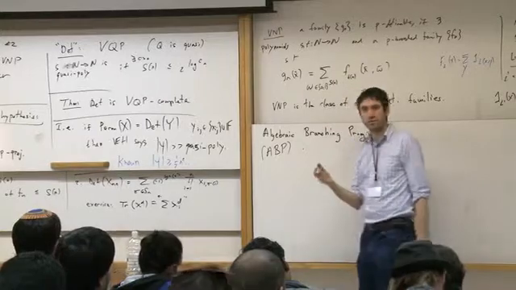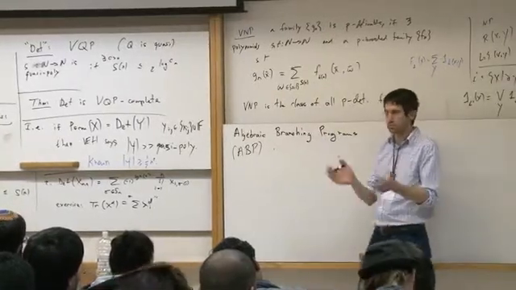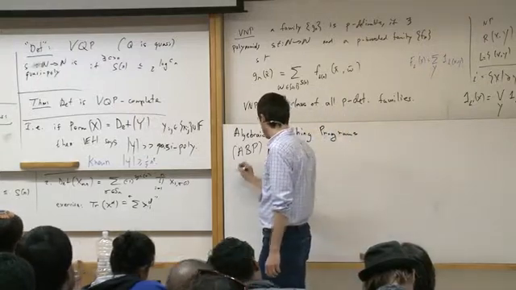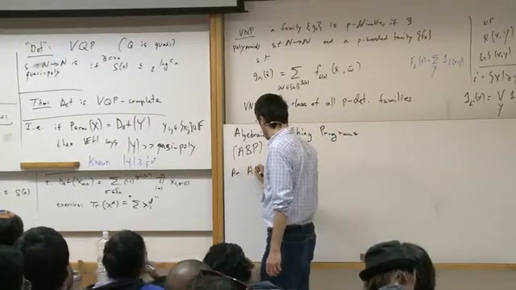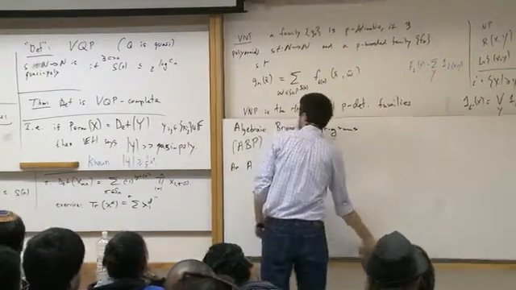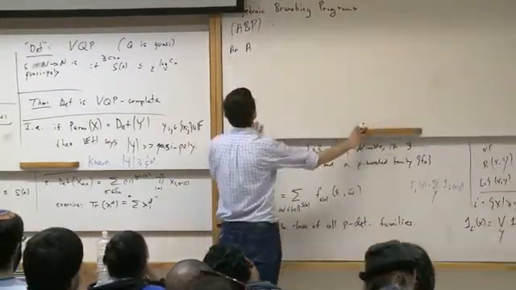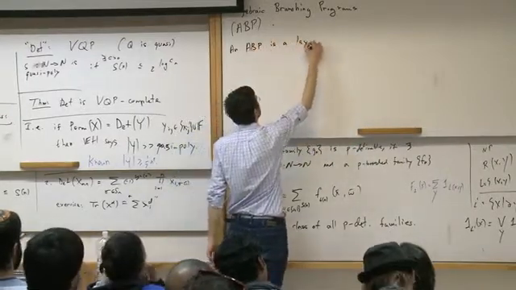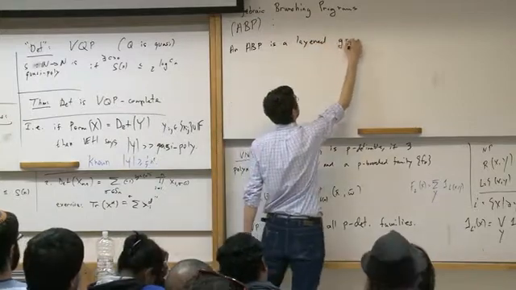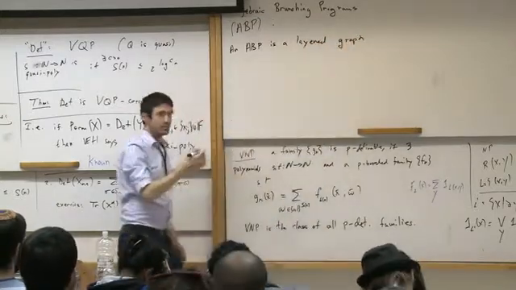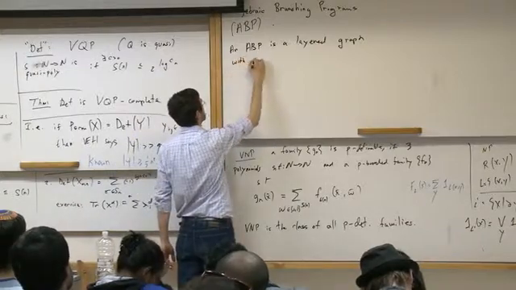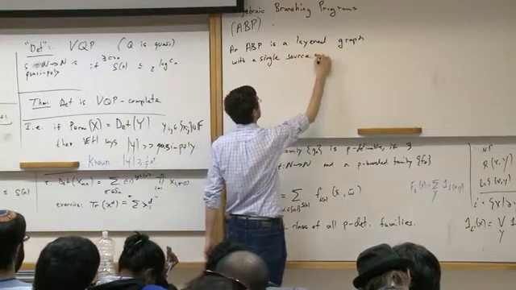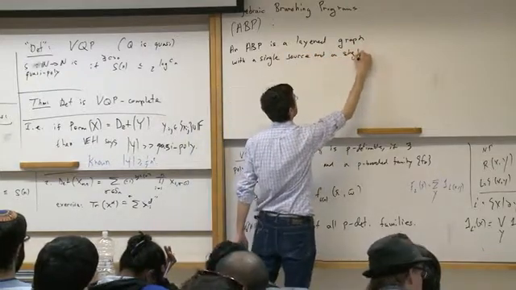So it's going to be an analog of a Boolean branching program, which I don't know if you've seen, so don't worry if you haven't, because I'm going to define it. So an algebraic branching program, an ABP, is a layered graph with a single source and a single sink.